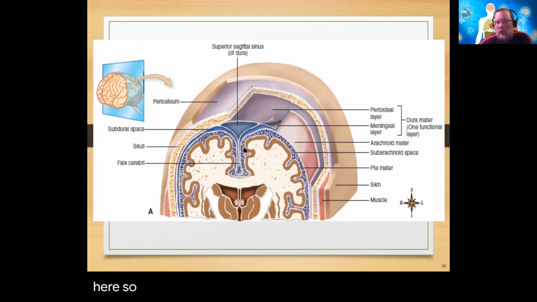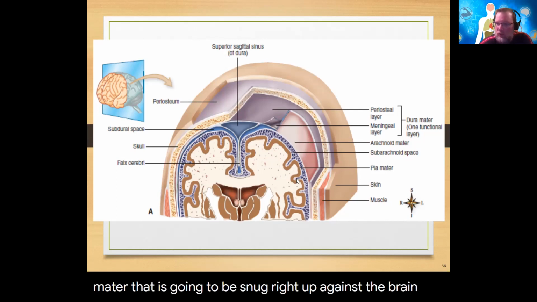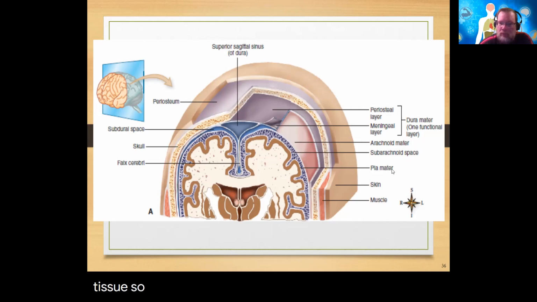So anyhow, we do have this outer layer called the pia mater that is going to be snug right up against the brain tissue. So that's your first meninge. Your deepest meninge is pia mater. Mater means mother. All three meninges are going to be mater or mother. The first and deepest one is the soft mother, and that's good.